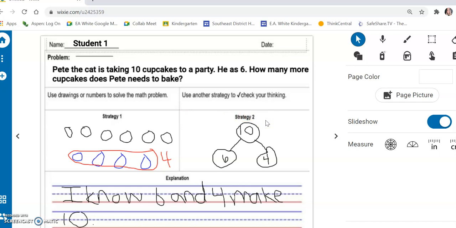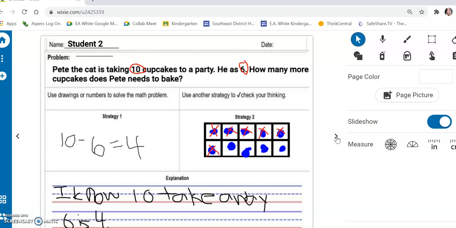They checked their work using another strategy known as a number bond, and their thinking is written in a statement form. I know 6 and 4 make 10. This student did a great job utilizing multiple strategies to solve the same problem. And both times they were able to reach the correct answer.